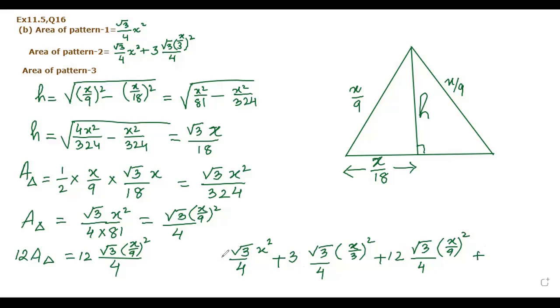That will be the multiple of 1 times 3 are 3, then 3 times 4 are 12, and then 12 times 4, 48. 48 triangles will be there. We can write here a multiple of root 3 upon 4, and definitely the length will be 1/3 of the previous, which is 1 upon 9. So 1/3 of the previous is x upon 27 whole square. So this is the pattern.